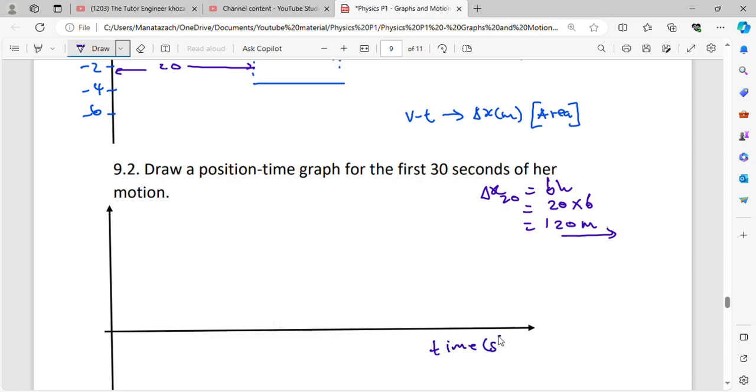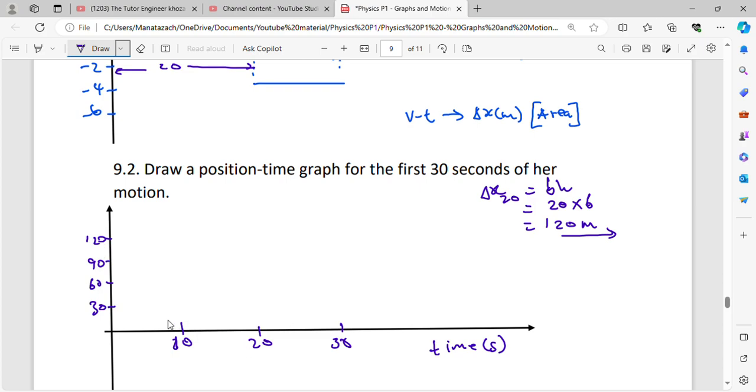So we'll write here on the time axis, the time axis will remain the same. So we can just count in 30s. So I'll have 30, 60, 90, 120.